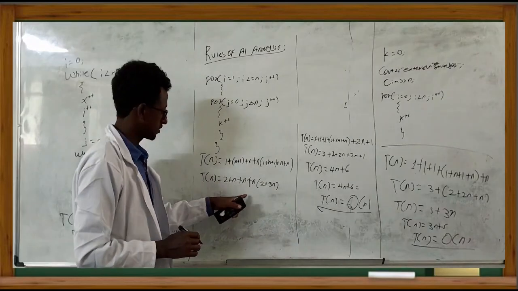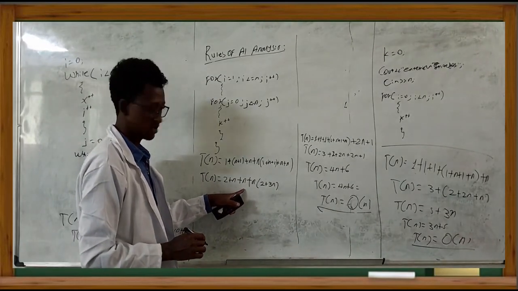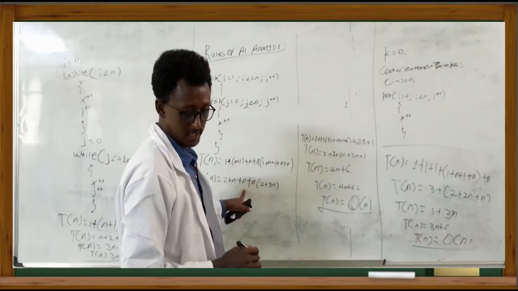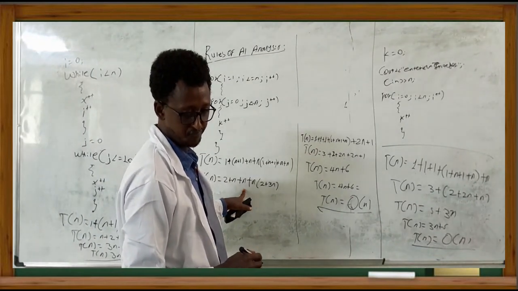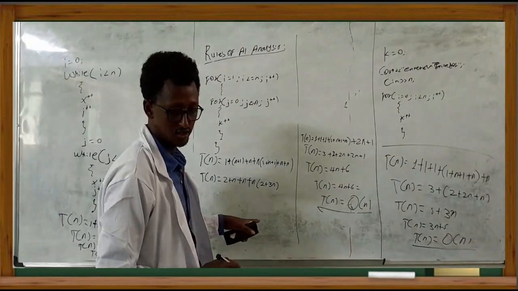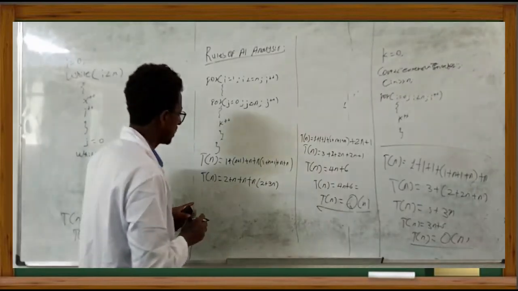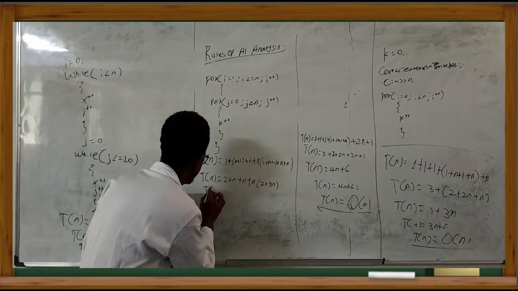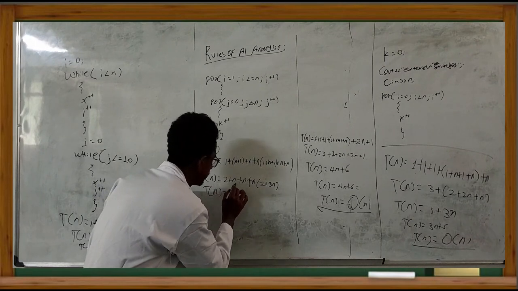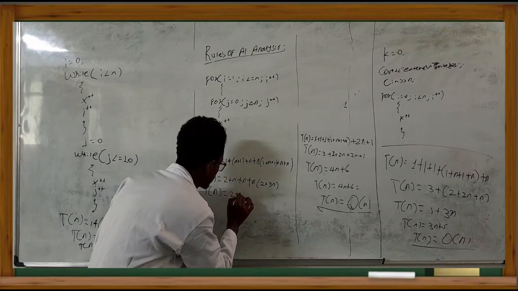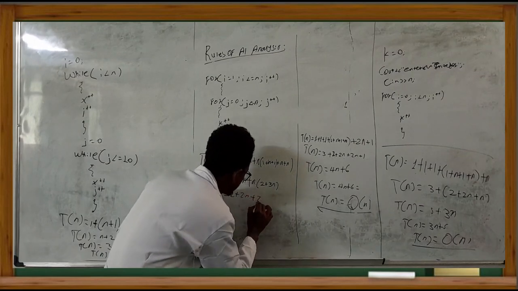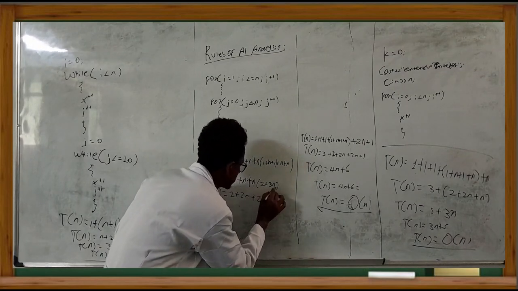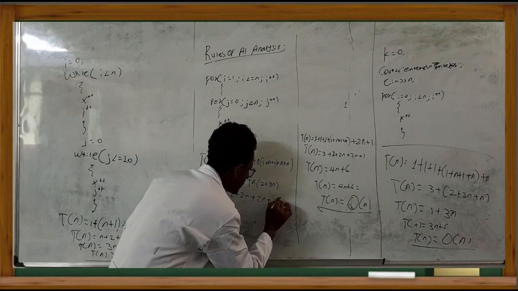Yeah, we can do it. What you have to do is T of n is equal to 2 plus n plus 1 to n plus n times 2 to n plus n times 3n square.